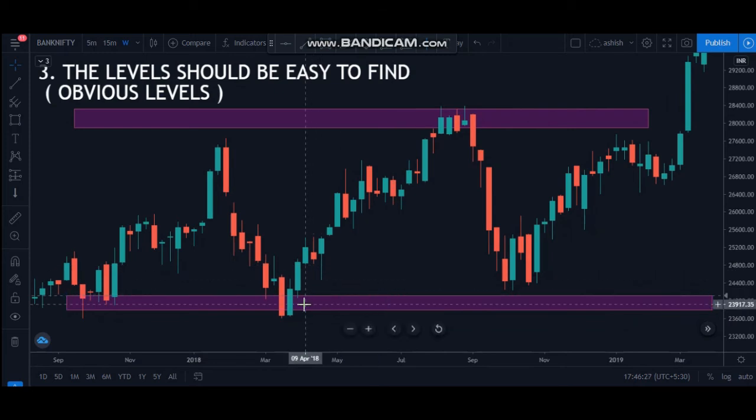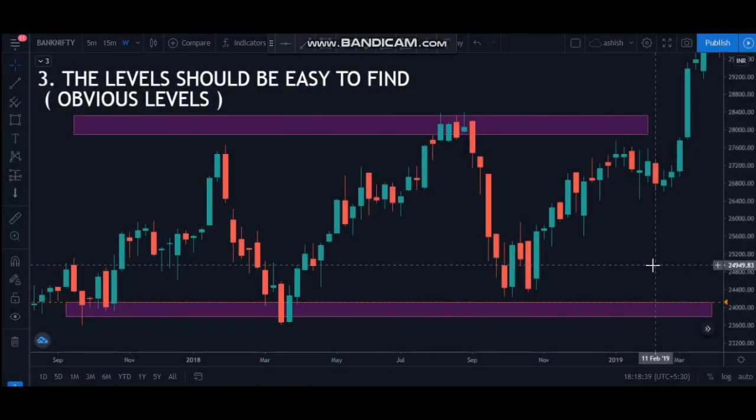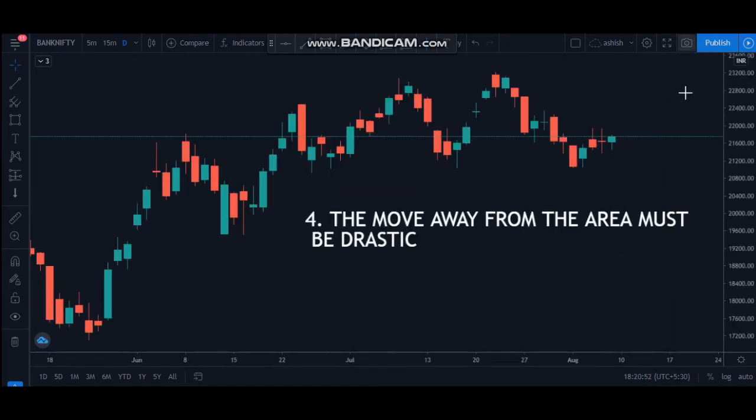Most of the time levels we should be able to find in the first occasion. It should be very simple. Why is this important? It means more traders will be eyeing these levels, which increases the probability that traders will be taking action on these levels as closing or opening positions.